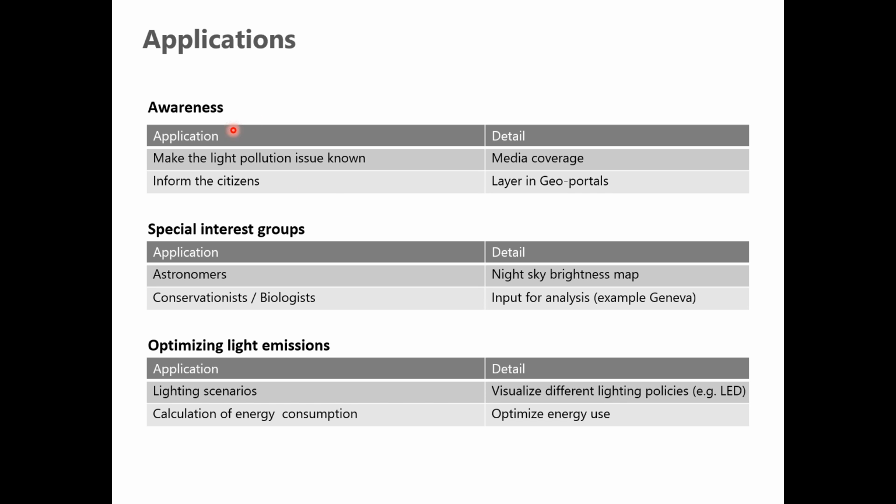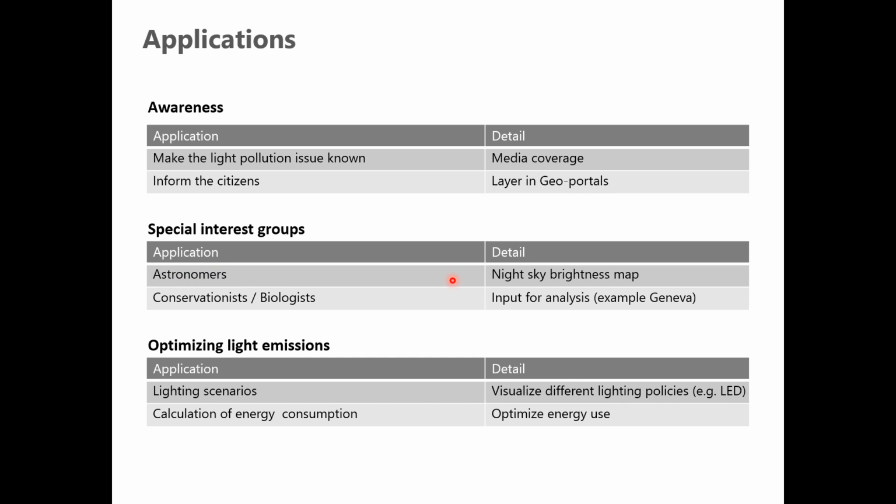Applications was one of the aims, to find out how such a local map can be used. I found three main areas. Awareness: with such maps, one could raise awareness of the light pollution issue and inform citizens.